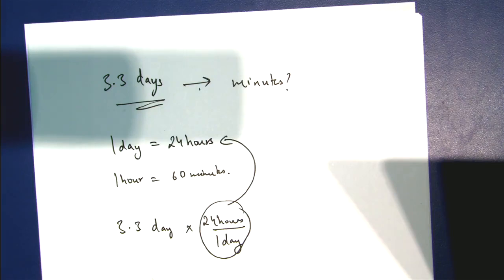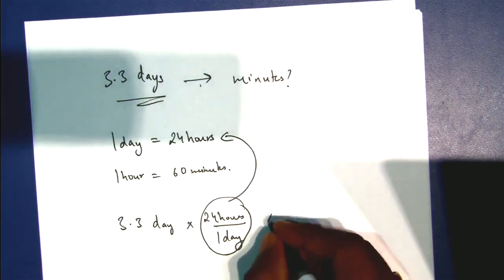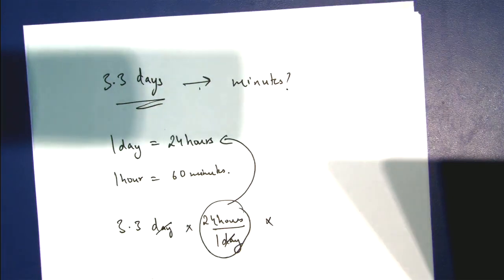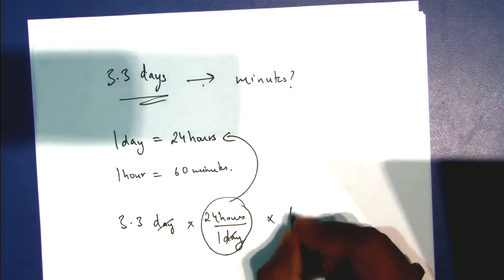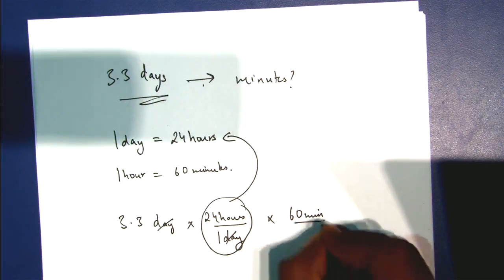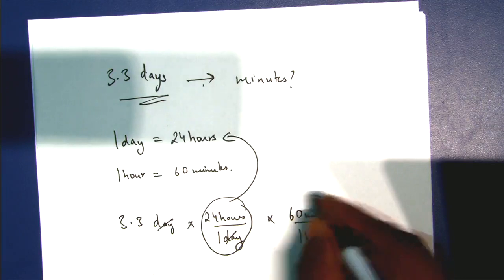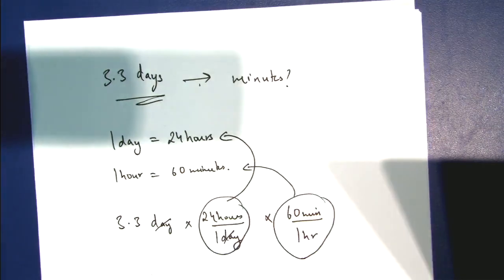That cancels the days and gives me the number of hours in 3.3 days, but I'm looking for minutes. So, again, I'm trying to cancel hours, so it's 60 minutes to 1 hour, and this is also 1.